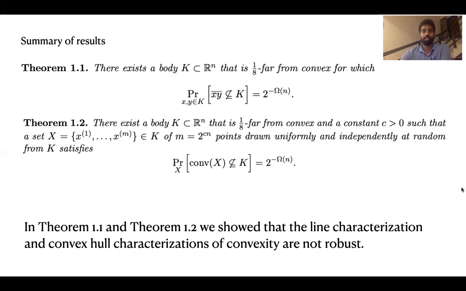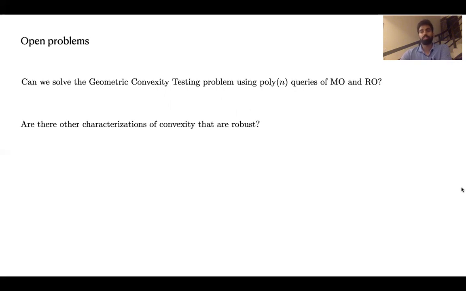There are two questions which have come up so far. One is the main open problem: can you solve the geometric convexity testing problem using polynomially many queries, using the membership oracle and random oracle? We have shown that the natural algorithms which people have tried so far wouldn't result in that.